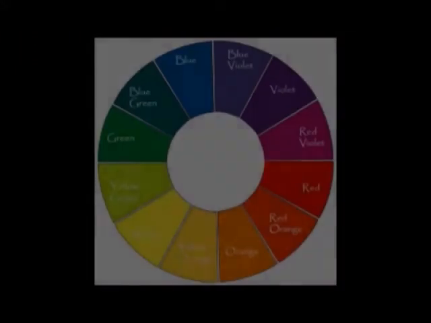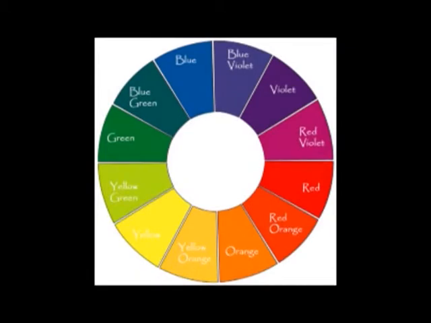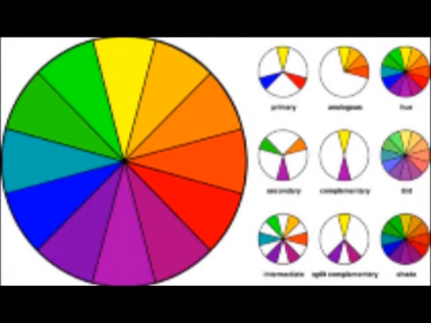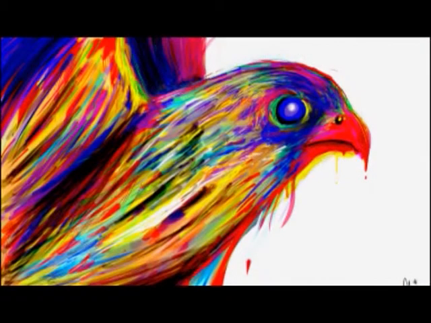Lastly, color. Basically, the major properties of color are value, hue, and saturation. The primary hues are yellow, red, and blue. Secondary colors are made by mixing two primary colors. The next property of color, which is value, refers to the lightness or darkness of a hue.